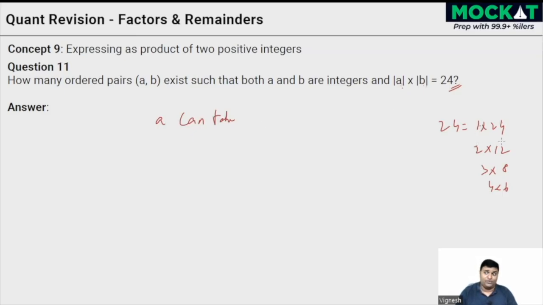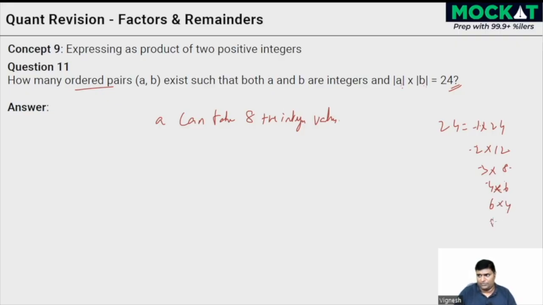No, it can be 24 into 1, 12 into 2 as well. A can take 8 positive integer values. What are they? 1 into 24, 2 into 12, 3 into 8, 4 into 6. It's ordered pairs, so we need to be careful. The previous question just said, how many ways can you write this as a product of two integers? The order was not mentioned. Here it's ordered, so the order matters.